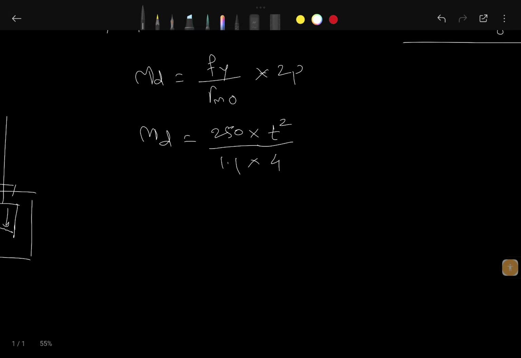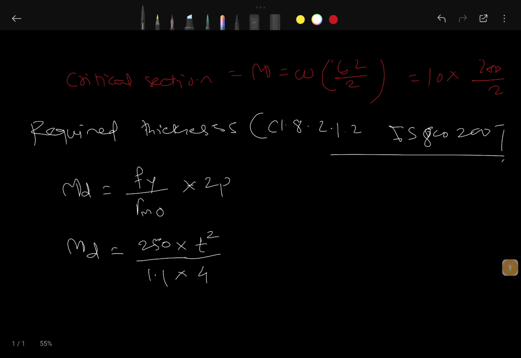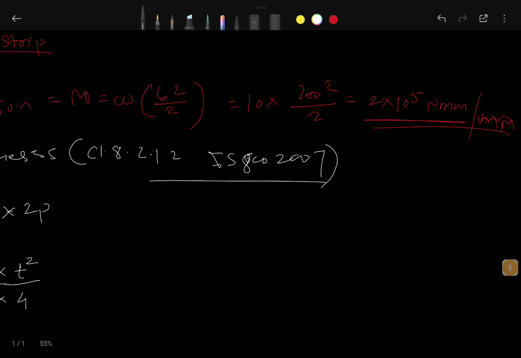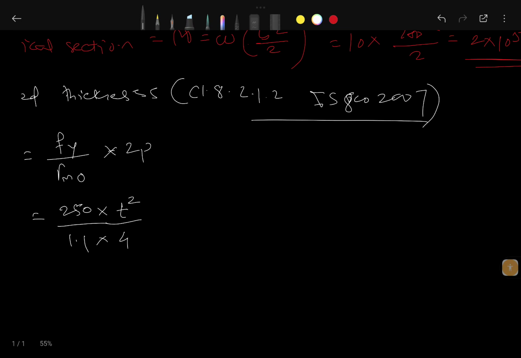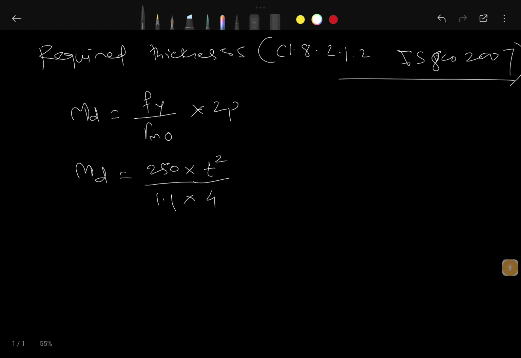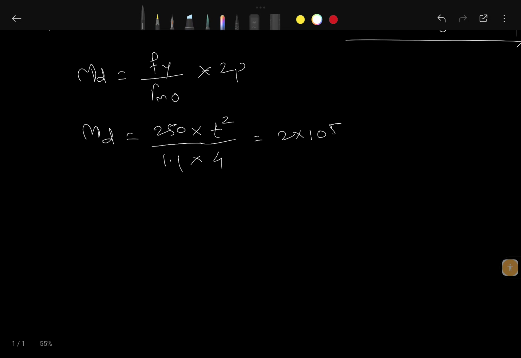Now we calculate this value, and the moment value for the strip we have calculated is 2 into 10 to the power 5.